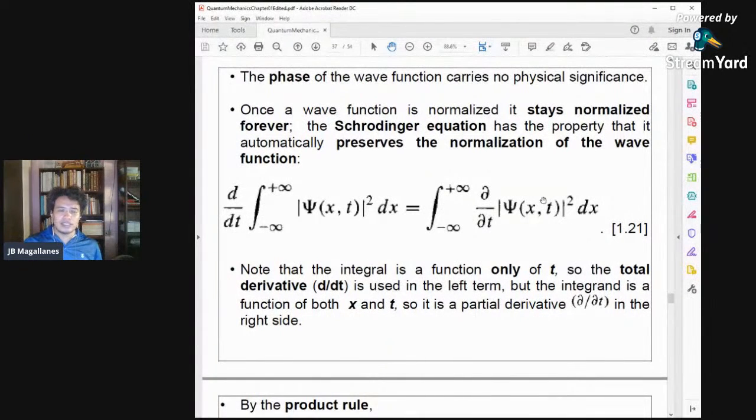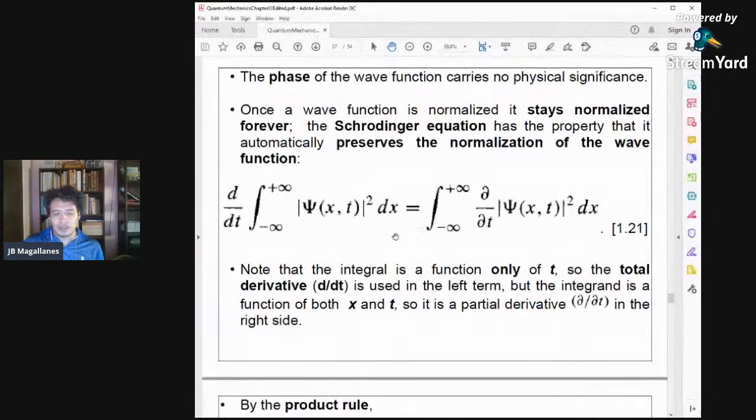So in this case, we start with this wave function, psi. Let's look at this. If we take the derivative of this with respect to time, and if this is equal to 0, then the wave function is normalized and preserved for all time.